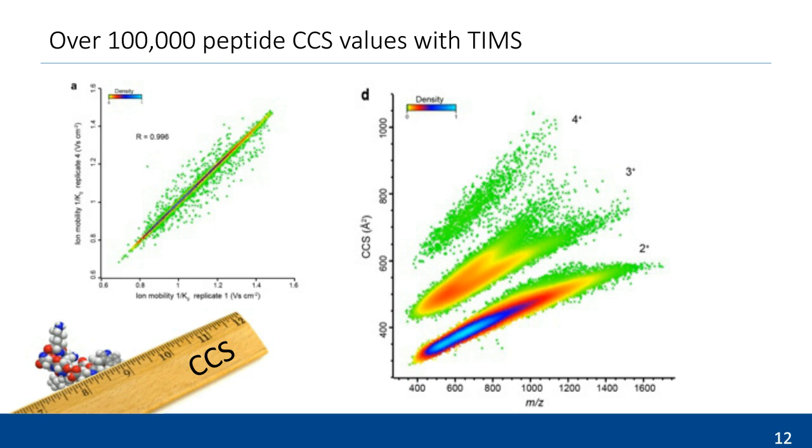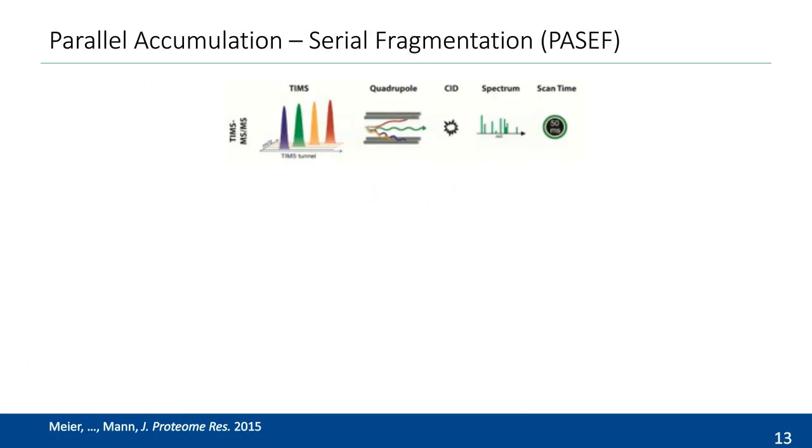Another topic I wanted to discuss is the so-called parallel accumulation serial fragmentation method. And this also makes use of the trapped ion mobility spectrometry device. And in this case, we use the TIMS device to multiply the sequencing speed or the sensitivity of our MS-MS events.